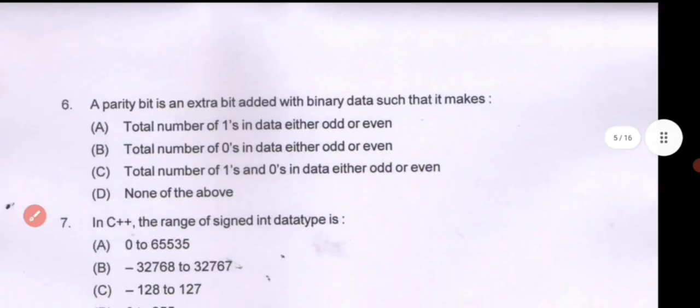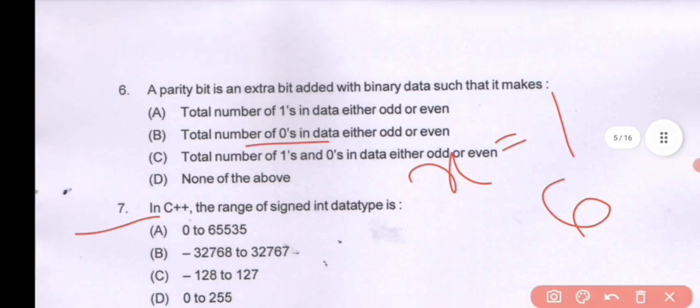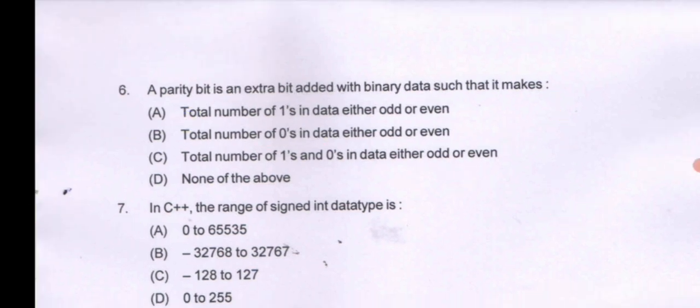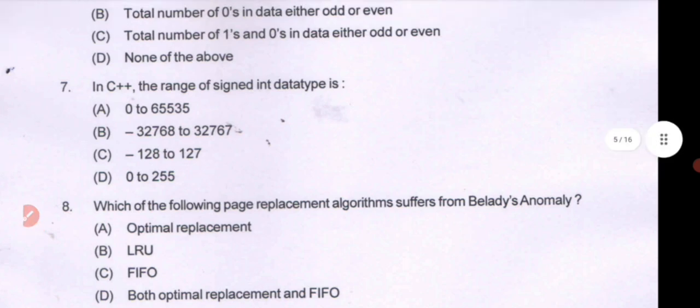A parity bit is an extra bit added to binary data such that it makes the total number of ones in the data either odd or even. Number 7. In C++, the range of signed integer data type is.